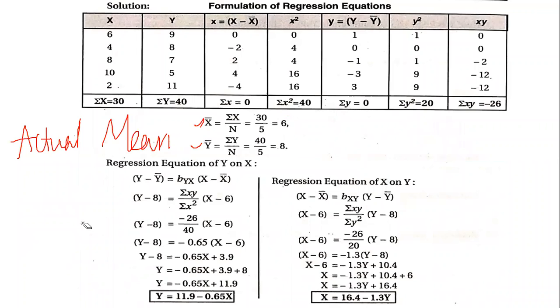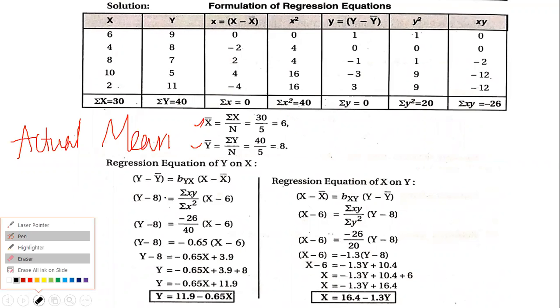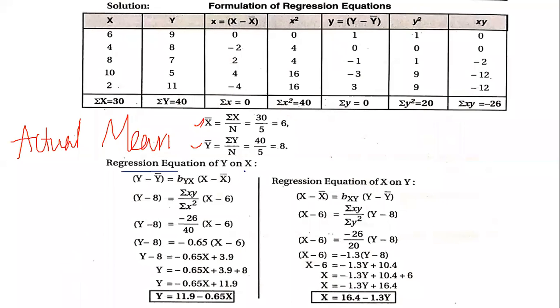Okay. Now, regression equation y on x, regression equation x on y. We are going to solve it together so that you will understand the difference, and it is easy also if you solve it like this, so you might not get confused. Okay.